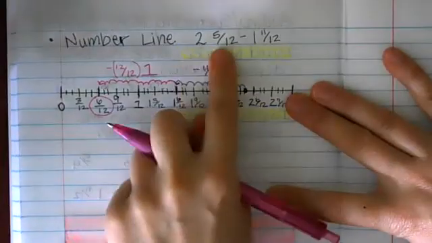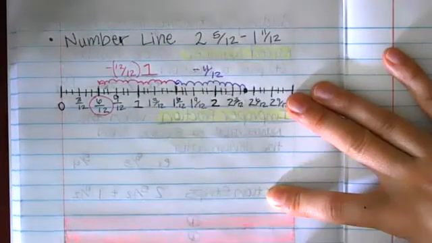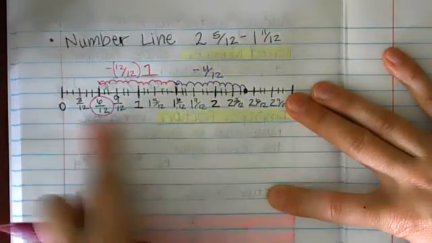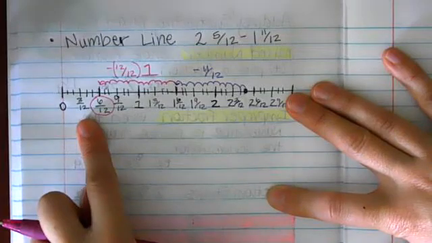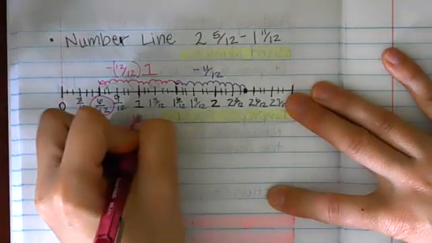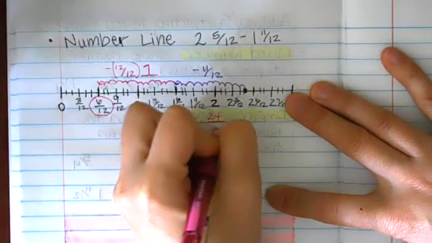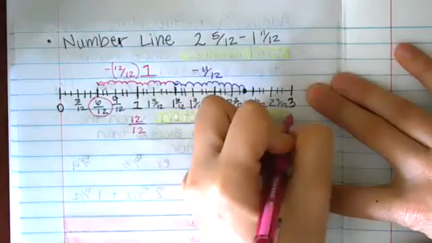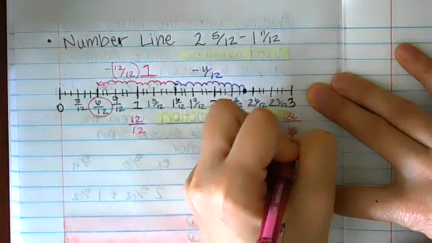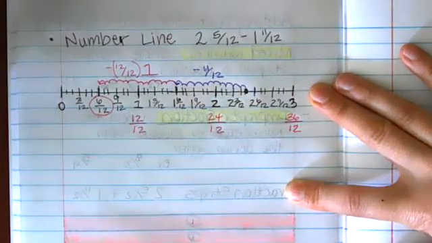So 2 and 5/12 minus 1 and 11/12 will give me 6/12. Remember that 12/12 is 1. This would be 24/12 if I did this in improper fractions; that's what I would get.